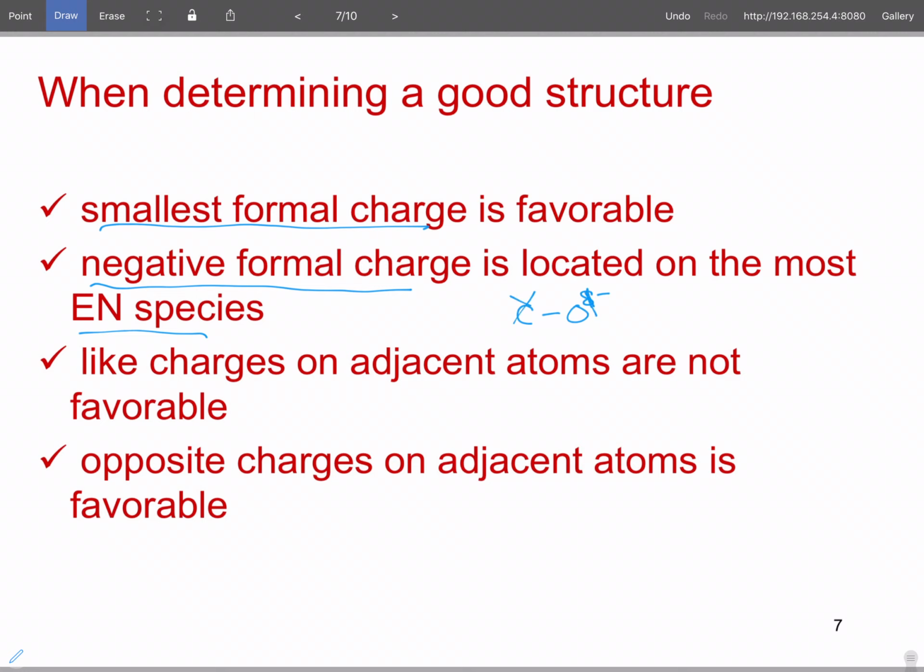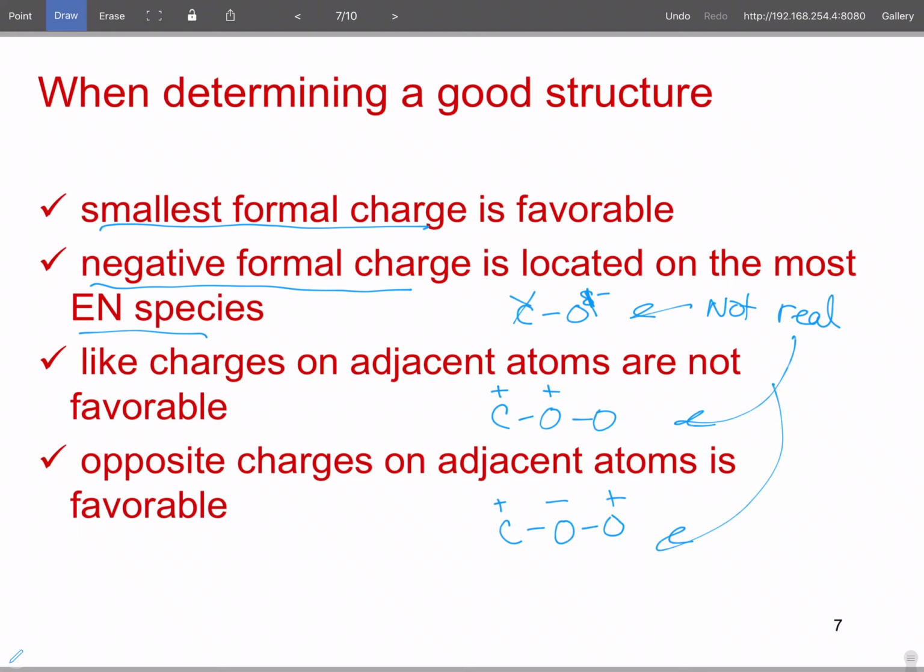You don't want a negative on a carbon. You don't want like charges, so if you had that, which that's not real, but if you had a plus and a plus, that's bad. You want opposite charges, so I reversed it. I hate it when I do that. So on this one, if this one is a positive, this one's a negative, and that one's a positive, then that's favorable.